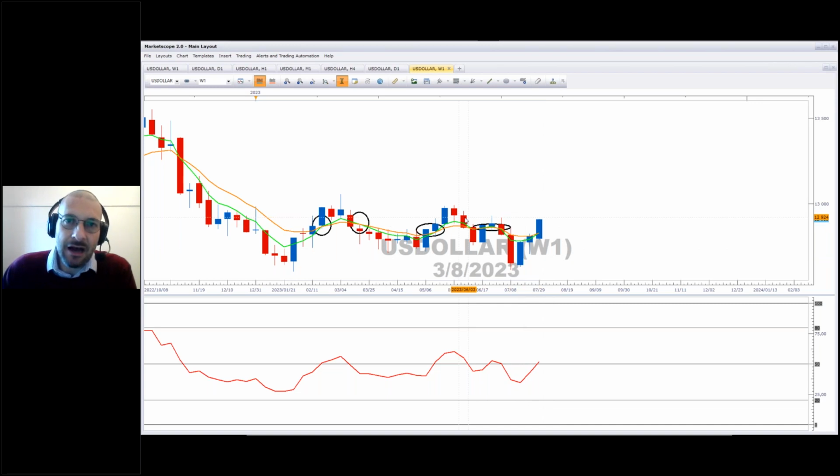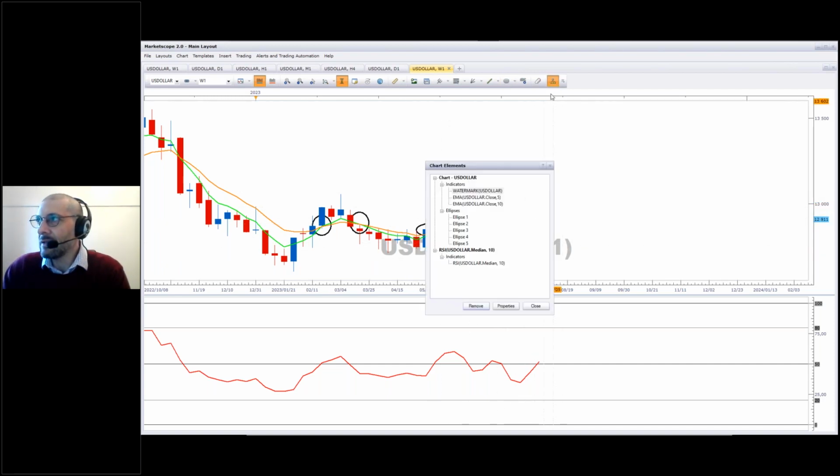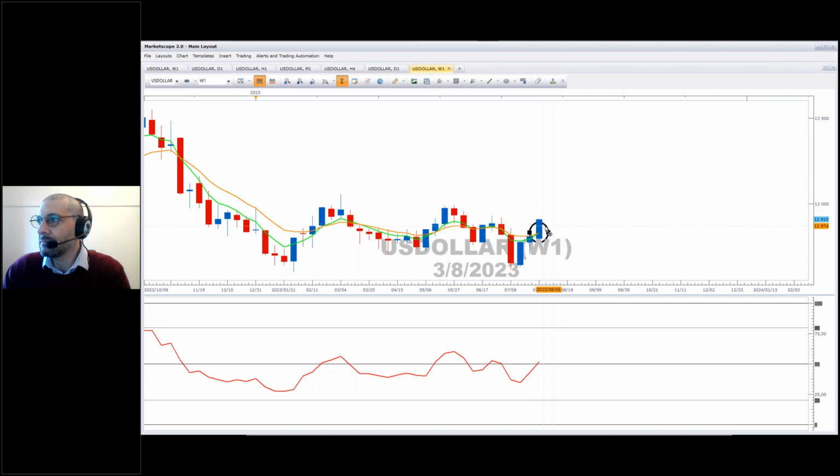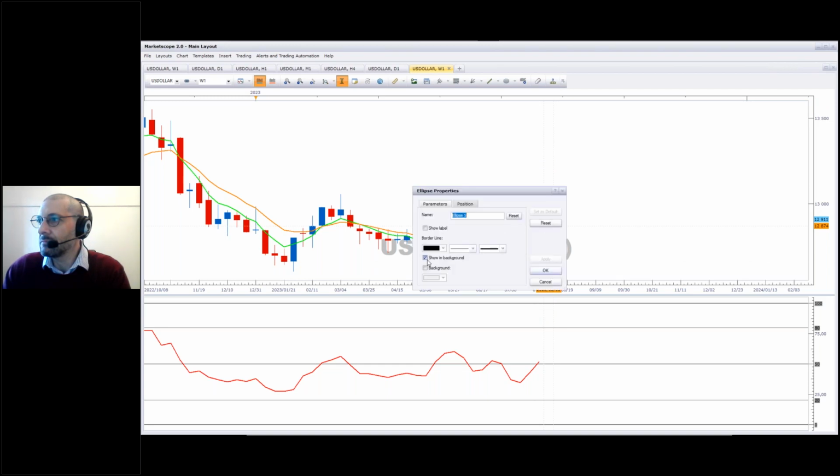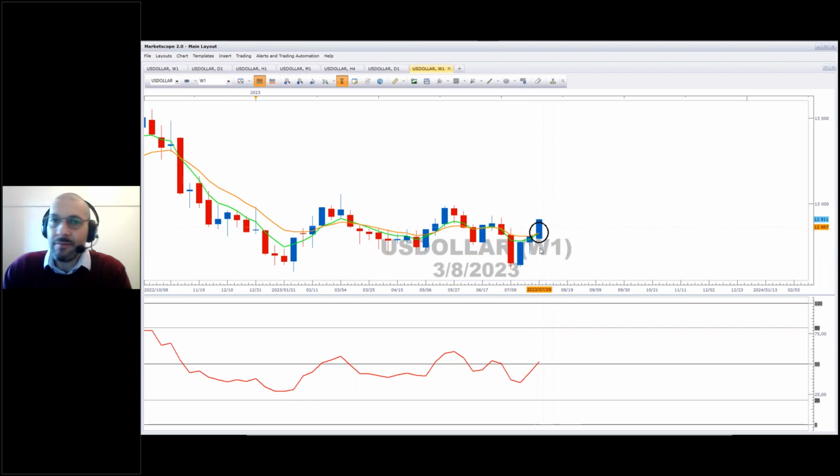What we have now actually looks like a bullish cross, and that's where the ambiguity comes in. Let me just keep the last ellipse. Okay, that's where the ambiguity is. Let me just explain why I think it's an ambiguity.